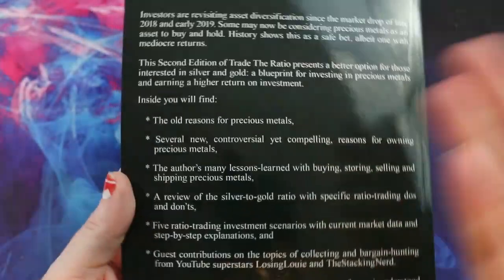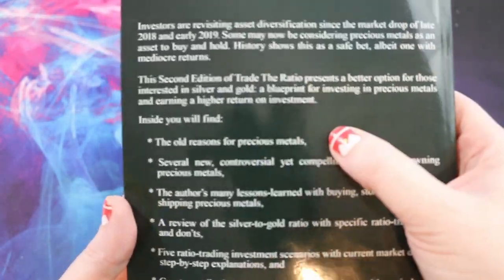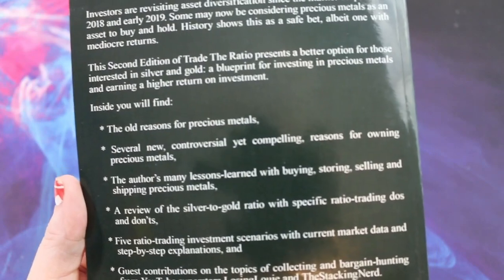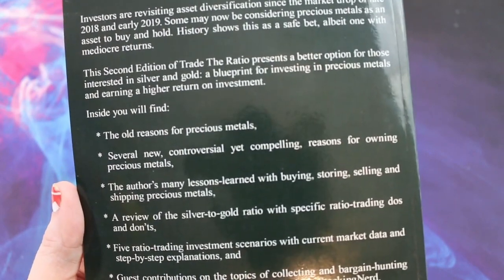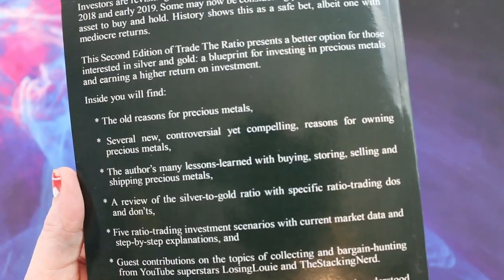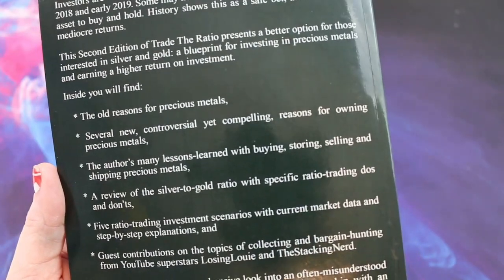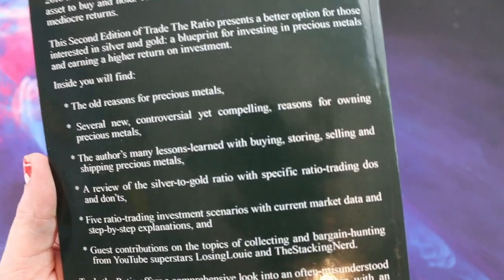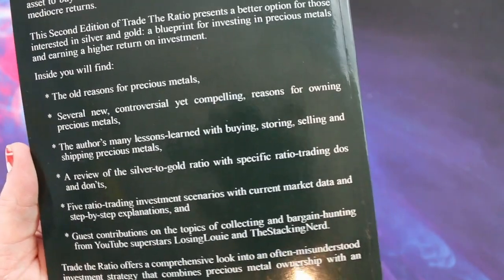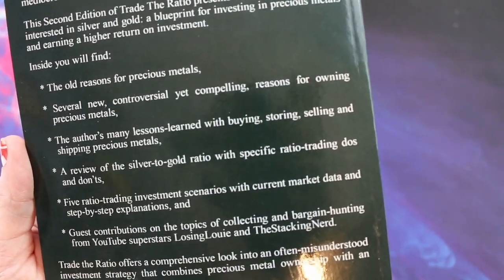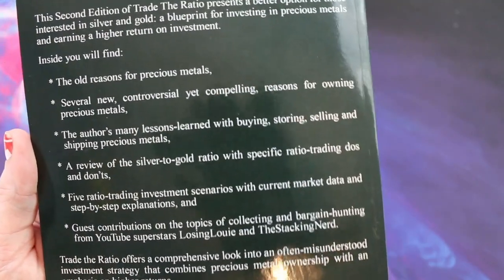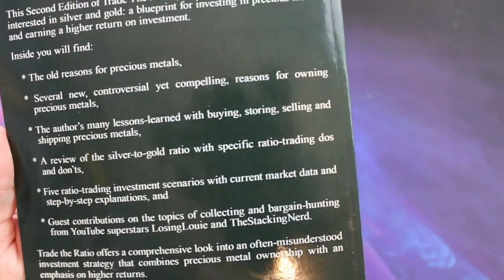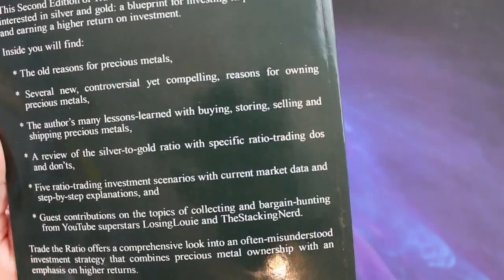If we flip it over, here's basically what's in the book: the old reasons for precious metals, and he goes into great detail on the history of precious metals; several new, controversial yet compelling reasons for owning precious metals; the author's many lessons learned with buying, storing, selling, and shipping precious metals; a review of the silver to gold ratio with specific ratio trading do's and don'ts; 5 ratio trading investment scenarios with current market data and step-by-step explanations, and I'm going to get to that in a minute; and guest contributions on the topics of collecting and bargain hunting from YouTube superstars, Losing Louie, and the Stacking Nerd.